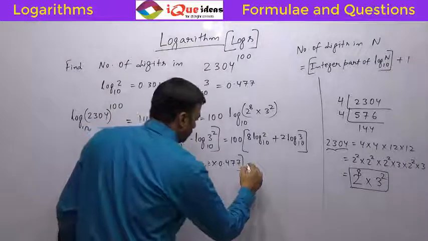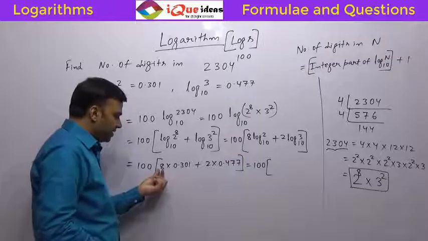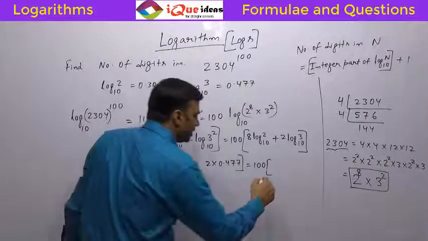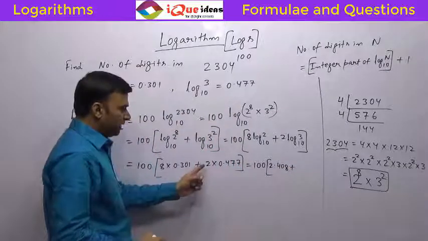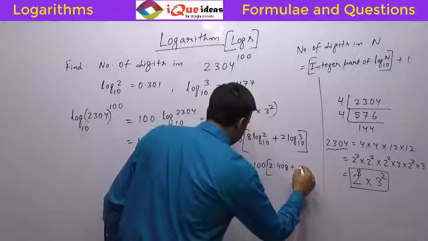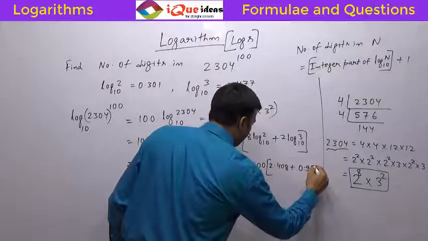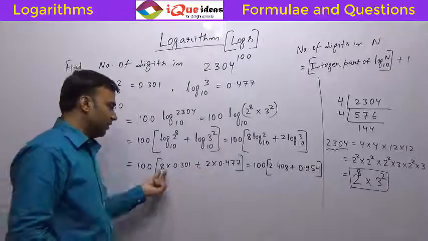If you multiply and add, it is 100 into. Now 8 times 0.301, simple multiplication, is 2.408, plus 2 times 0.477, which is 0.954. Simple multiplication, you have to obviously use the table of 2 here and the table of 8 here.